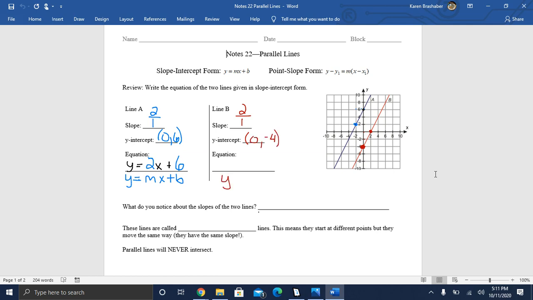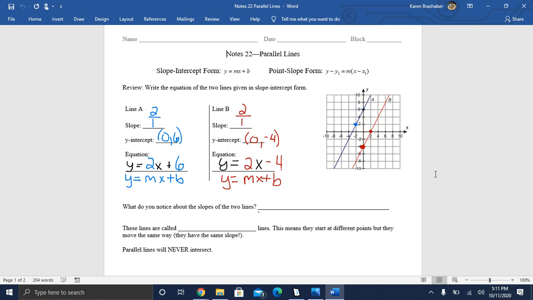And so for our y equals mx plus b equation, we'll have y equals, and our slope m is 2, and then we'll have x, and our b is negative, so I'll put a minus sign and then 4. So y equals 2x minus 4.